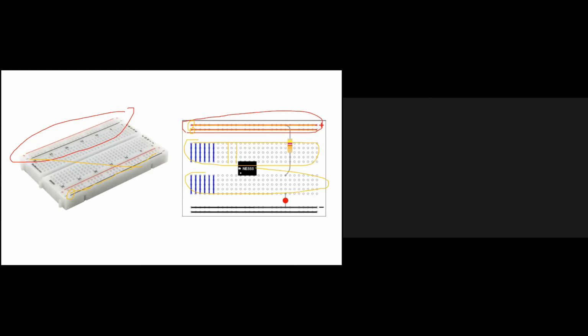Once you plug something here, you can take it out from here as well, or from any pin in this column. That's very simple. Once you have a real breadboard and practice it, it will be very easy to connect. There are no complex logics.